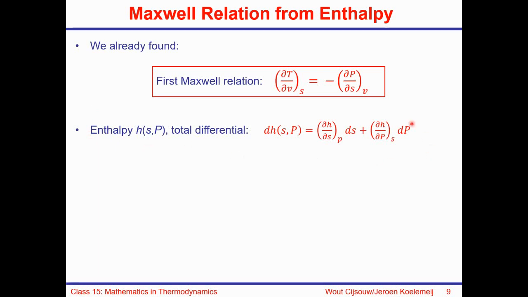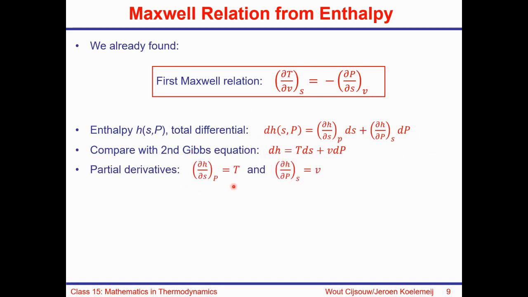So we find this total differential. We can compare that with the second Gibbs equation to find that the temperature is equal to this partial derivative and the specific volume is equal to this partial derivative. So far, so good.